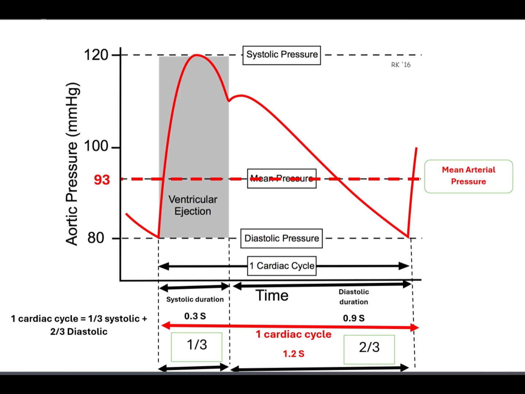This graph shows MAP in red line. Normally, one cardiac cycle represents 1.2 seconds duration, and systolic duration is 0.3 seconds, and diastolic phase is 0.9 seconds. That represents 1/3 for systolic phase and 2/3 for diastolic phase.